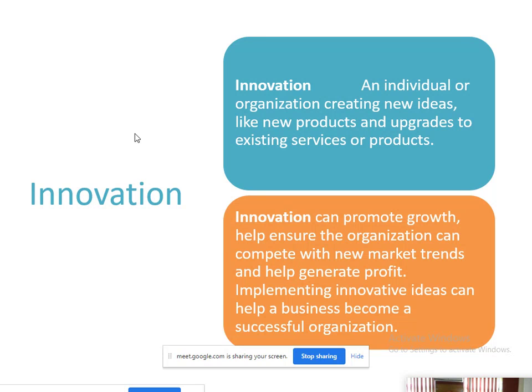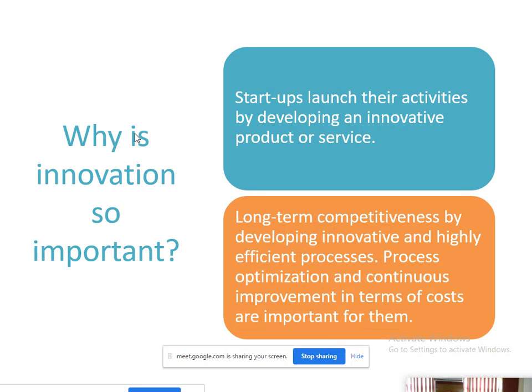Okay. So next is, why is innovation so important? Startups launch their activities by developing an innovative product or service. That means if you don't have any innovative or creative ideas in your product, then your product will not be sustained in the current scenario.